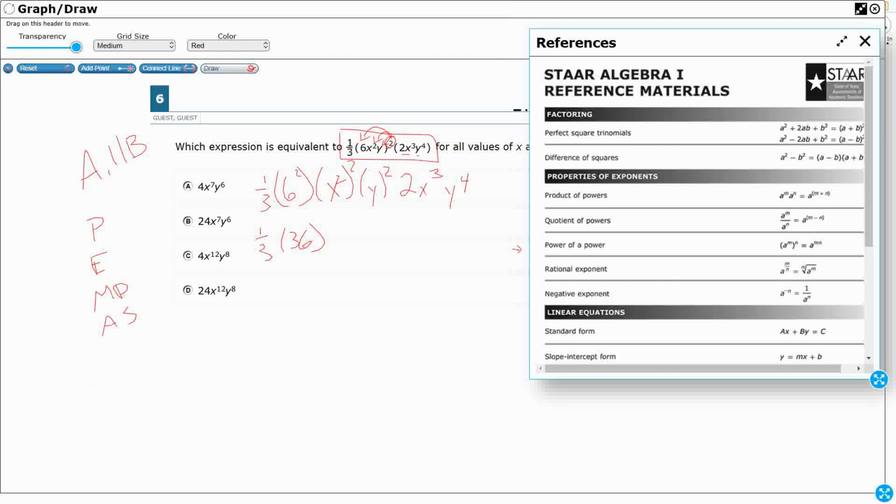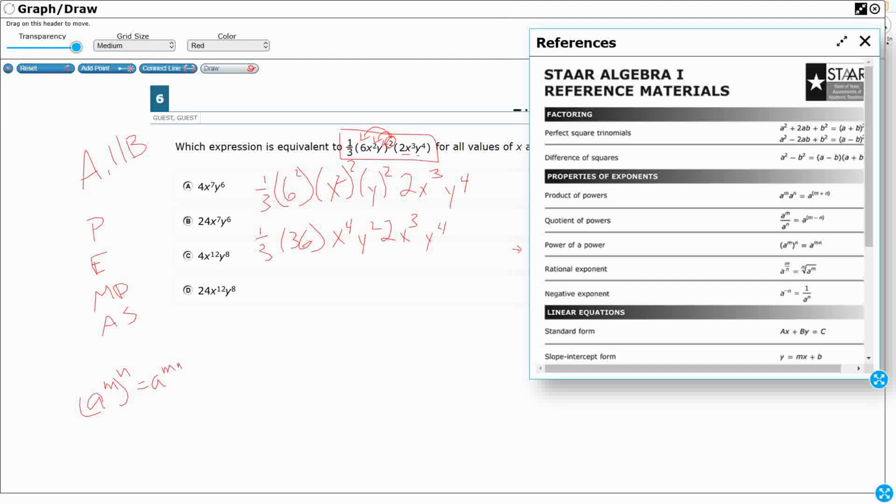So I need to multiply 2 times 2. I could have added 2 plus 2, it still would have ended up with the same thing, but technically we're multiplying. That's now x to the fourth. This is simply y squared. I've still got my 2x cubed, my y to the fourth.